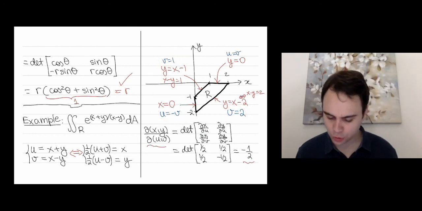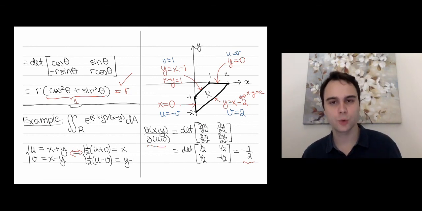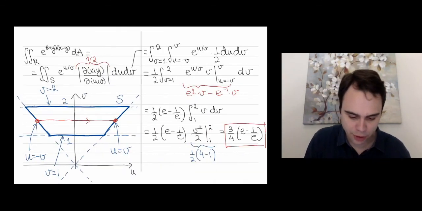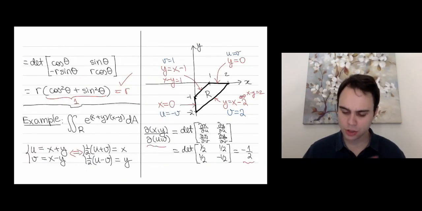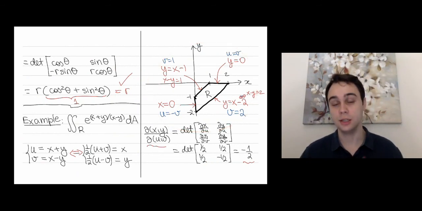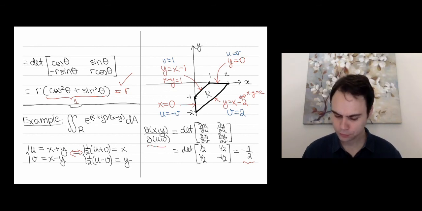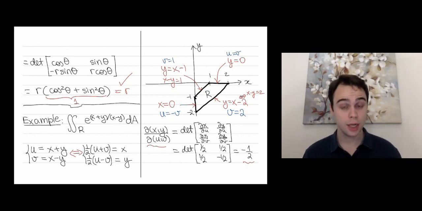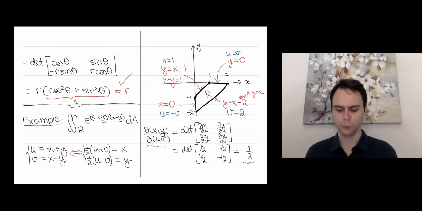So my recommendation is, if you have to decide by yourself which coordinates to use, you should look for combinations of x and y that appear in the exponent but also in the description of the region you're integrating over, and then using those combinations of x and y as your new coordinates will probably simplify the integral for you.